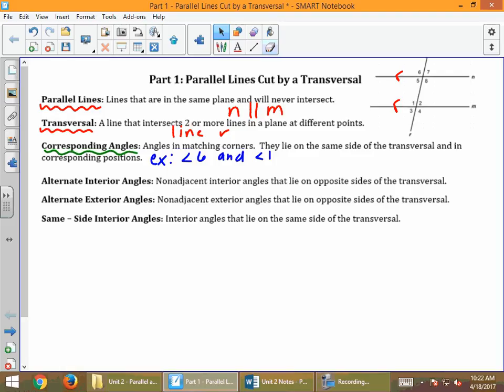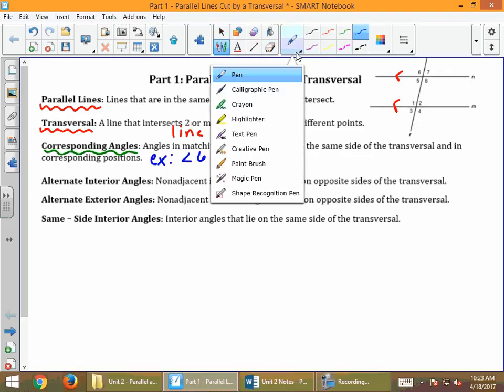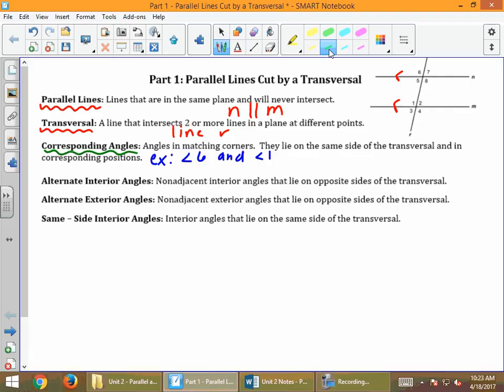Alternate interior angles are non-adjacent. That just means they don't touch. That's all non-adjacent means, is that they don't touch. Non-adjacent interior angles that lie on opposite sides of the transversal. So remember, we said that R, this guy right here, is our transversal.